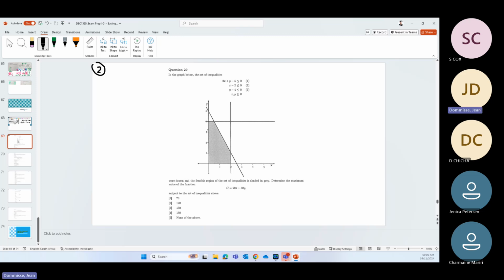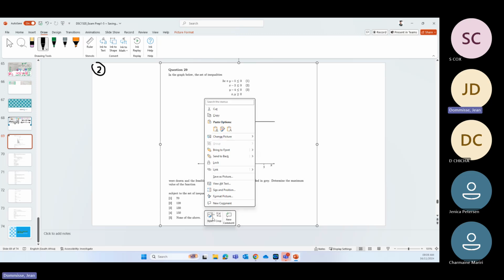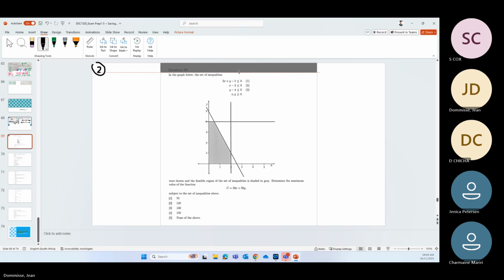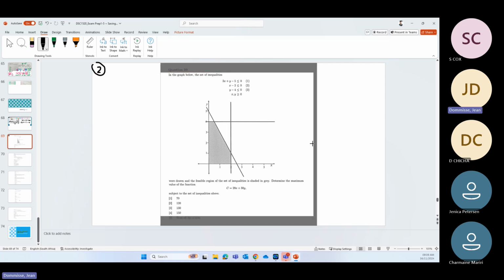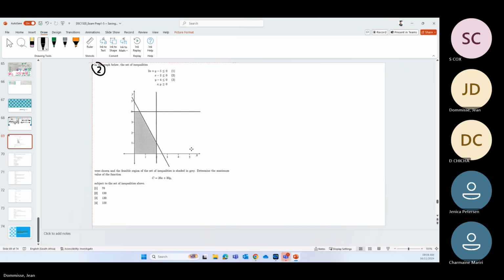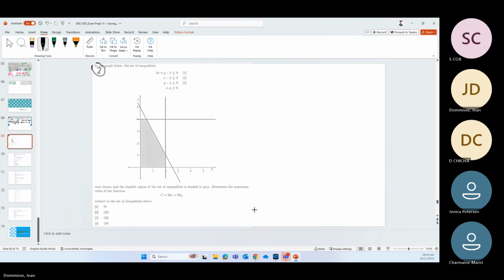Okay, so let's see what they give us here. They say in the graph, and let's see if I can just crop it a bit, but there's a few things that we might just make a bit bigger, not really that much bigger, but at least a bit bigger.